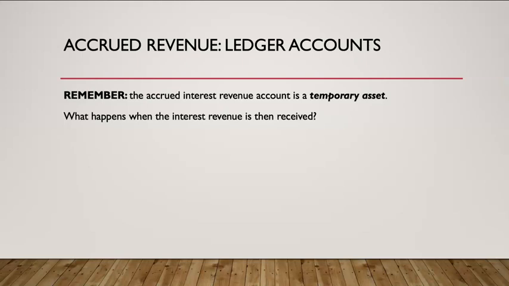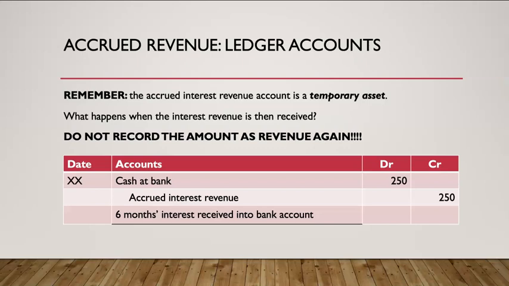has been earned. So one half of this subsequent receipt of cash is going to be recorded as the reduction of our current asset. We're essentially swapping assets here. We've received the cash at bank going up by 250, asset going up as a debit, to recognize that the current asset of accrued interest revenue of $250 has gone down.